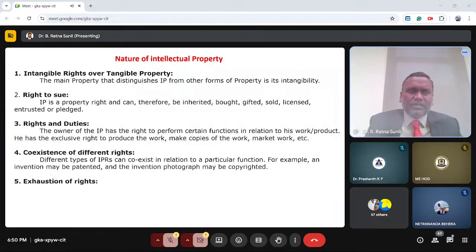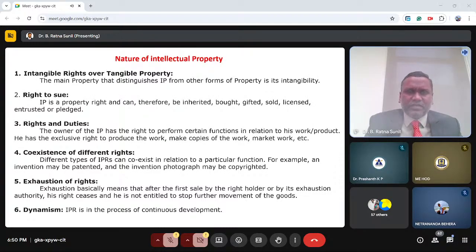And the nature of intellectual property, these are some points we can quickly skip. Intangible rights over tangible property. The tangible properties are physical properties, like a book or a gold ornament or land or building. Intangible rights means invisible rights, right? So the copyright or the patent are intangible rights on a property, on a book, on the physical technology product that I develop.